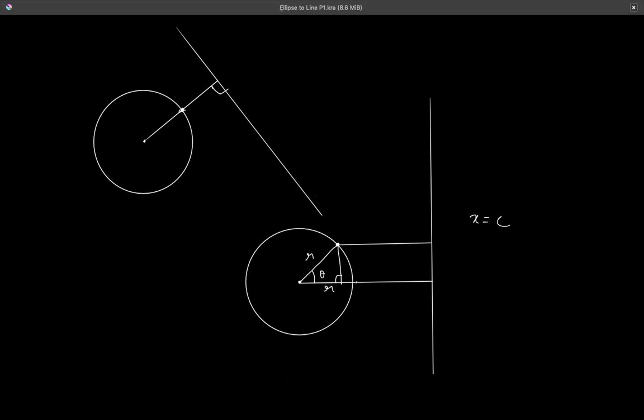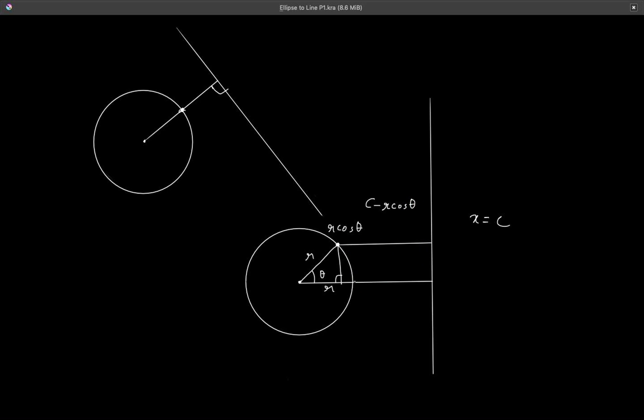This point right here has an x-coordinate of r cosine theta. If we want to get from this x-coordinate to this x-coordinate, which is c, then this distance right here has to be c minus r cosine theta.